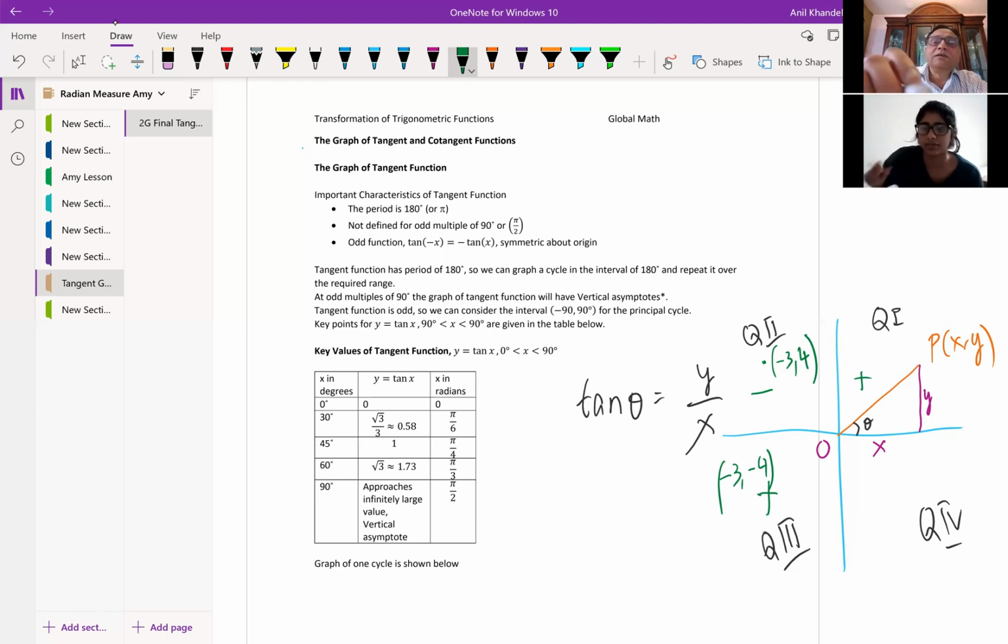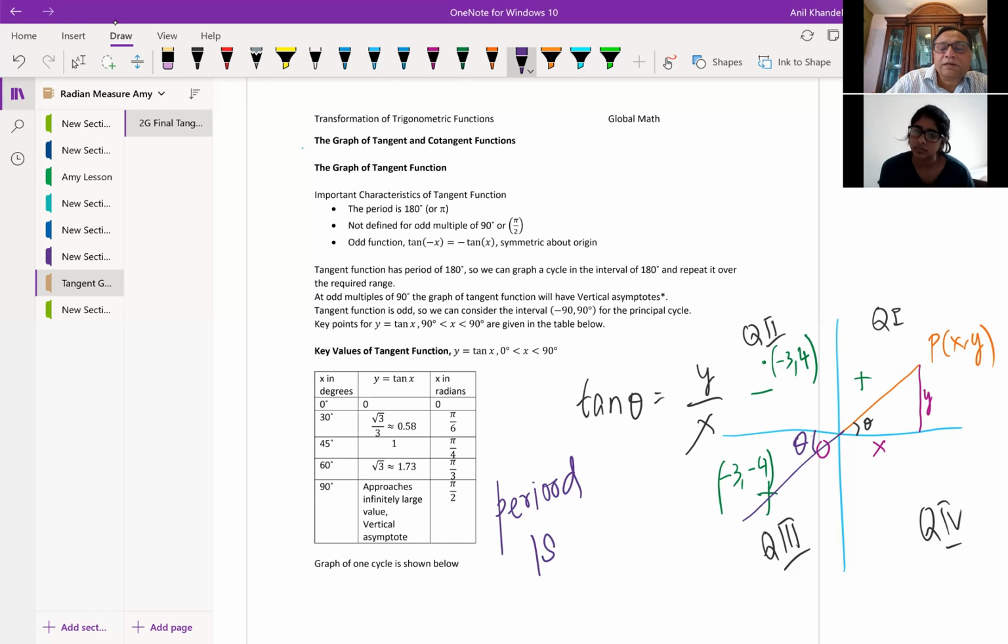That really means that if I extend to this, the tan values are the same, because this angle is again theta in quadrant 3. So the period for the tangent function is 180 degrees or pi, because it repeats after pi, not after the full circle.